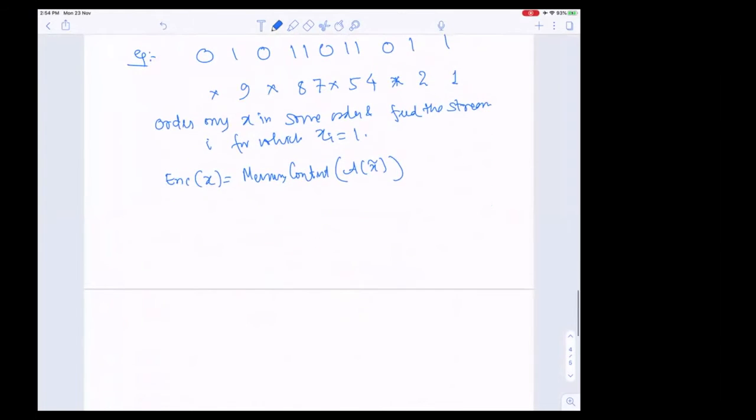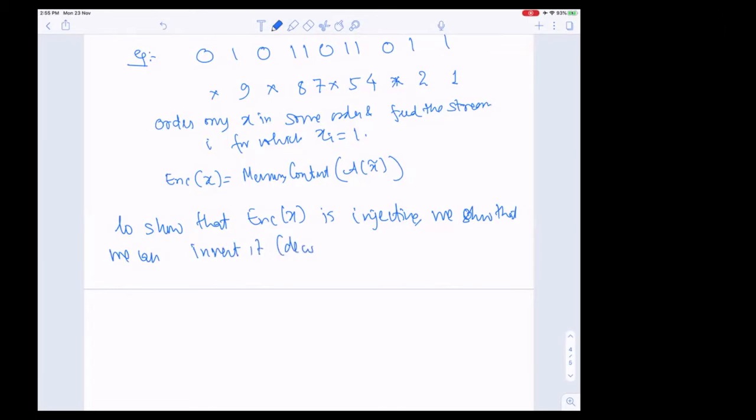Now we would like to show that the encoding of x is injective. What we are going to do is show that we can invert it, or decode it, however you want to call it, via some inverse function decode.